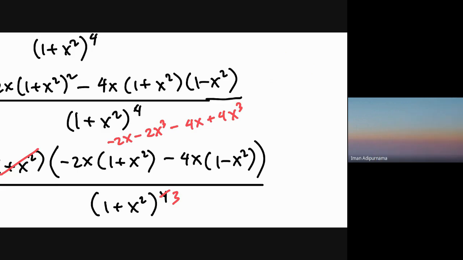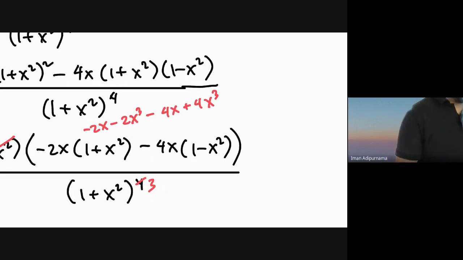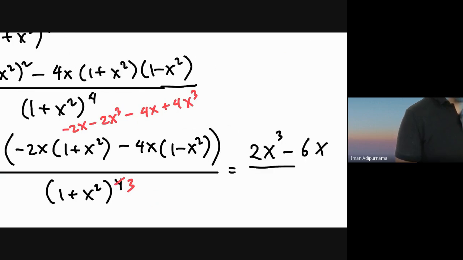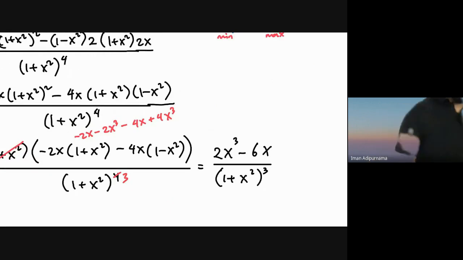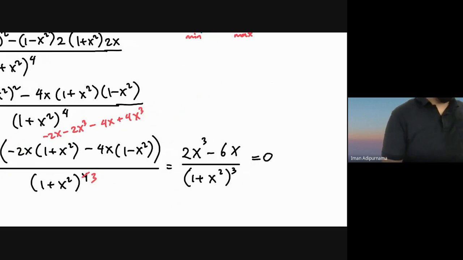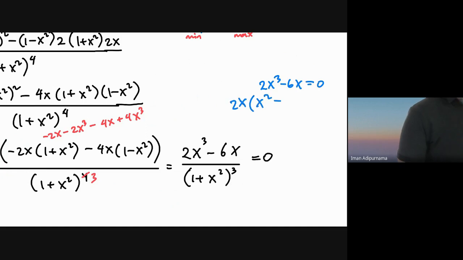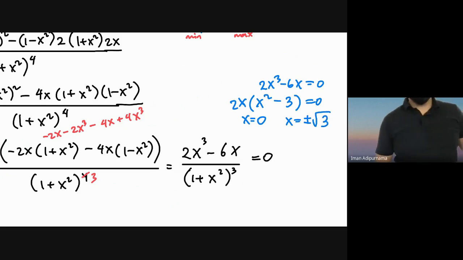So this will be the result from here. Then we can write 2x cubed minus 6x, and we need to make it equal 0. So 2x cubed minus 6x equals 0. Then x times x squared minus 3, so x equals 0, or x equals plus or minus square root of 3.